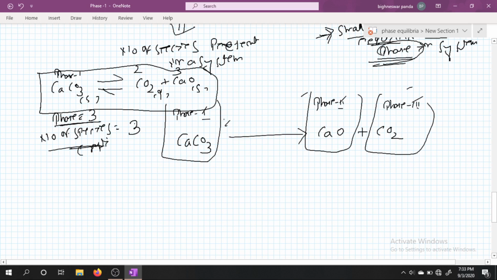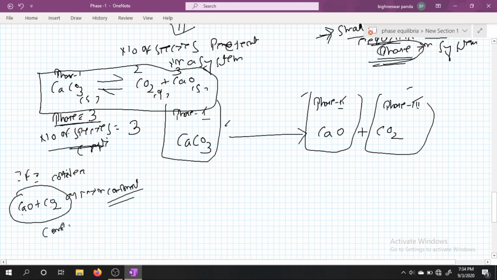If I consider calcium oxide and carbon dioxide as minimum number of component, by using calcium oxide and carbon dioxide, if I can explain the phase, then it is our minimum number of component or component number equal to 2.